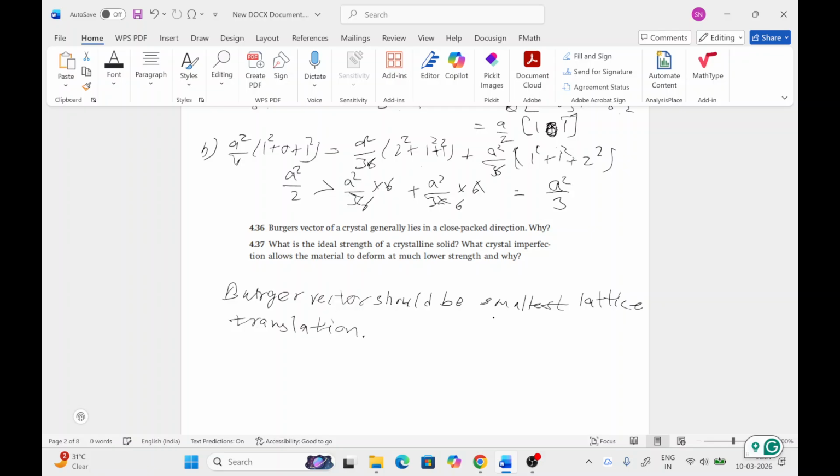And the smallest lattice translation will only happen in the close packed direction. That's why we have the Burgers vector of a crystal in the close packed direction.